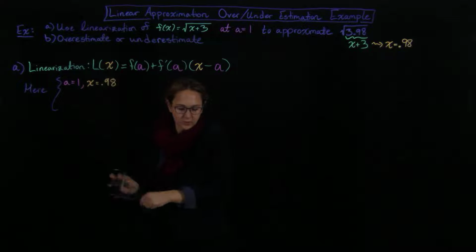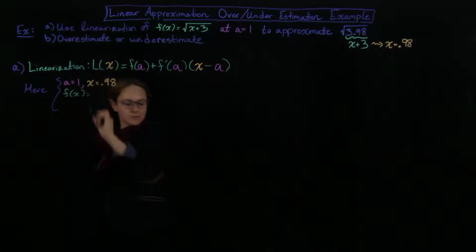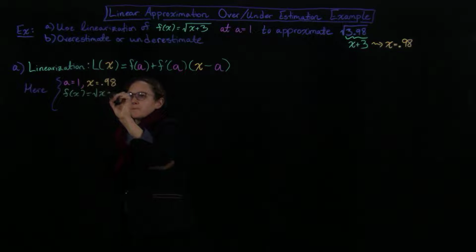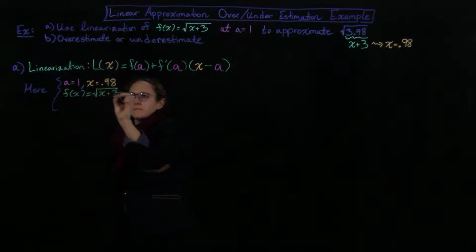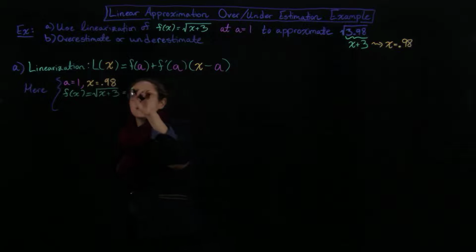We're already told what our f of x is. Our f of x is equal to the square root of x plus 3, which is equal to x plus 3 to the 1/2.